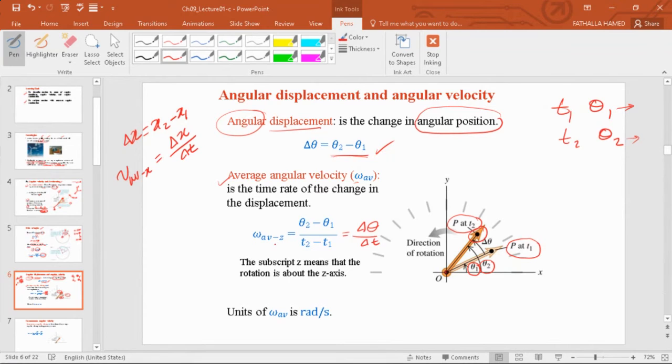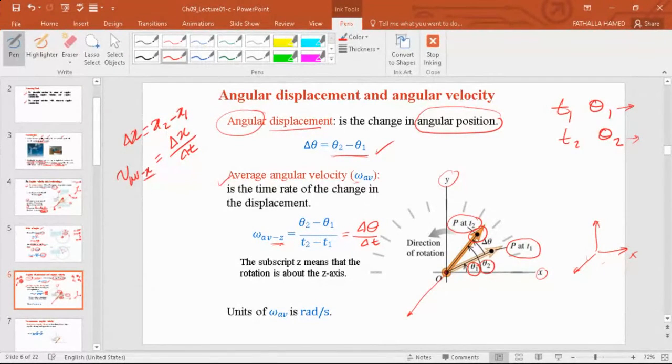Now we're adding the subscript z here. In chapter number 2, we used x because it was along the x direction. Here, we say it is along the z. What do we mean by this? The plane that your object is in is x and y, but it is rotating around the axis which is perpendicular to this. So you have x, y, and z, and the rotation is around the z-axis.